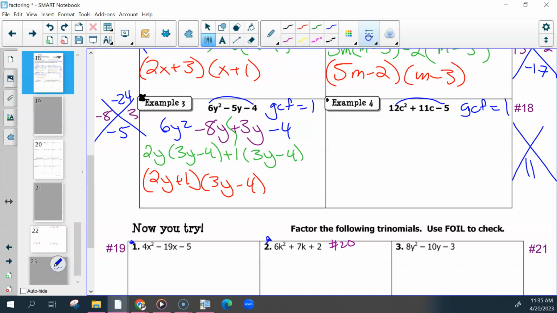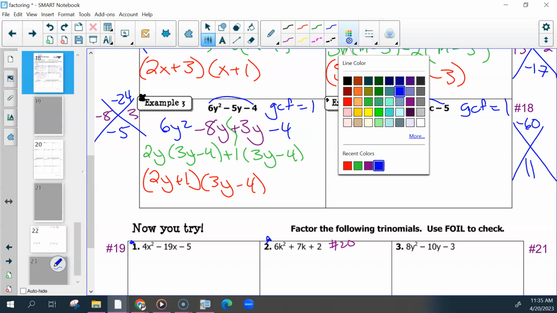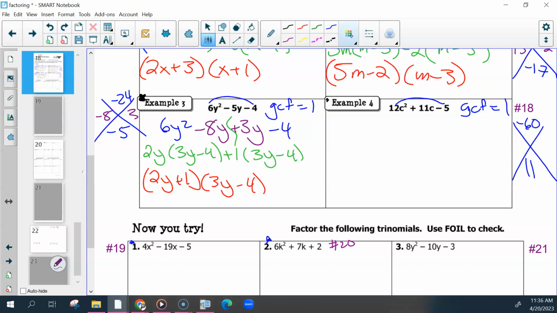Negative 60, but yeah, minus. So find two numbers that multiply to be negative 60 but add to be 11. One of them will have to be negative.